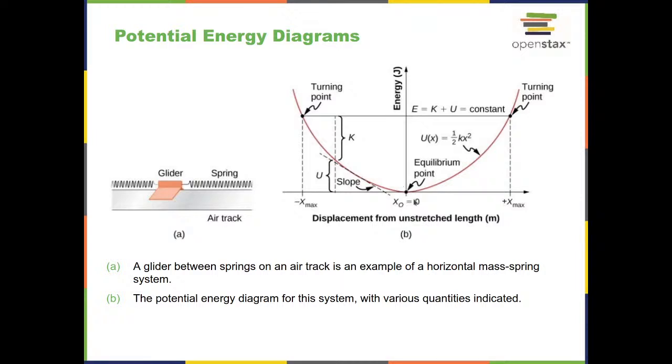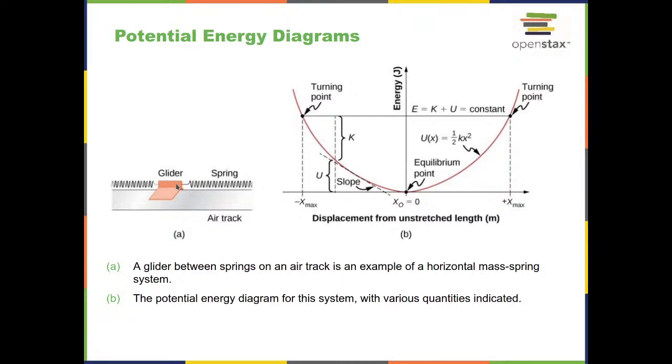The other point here is the equilibrium point. Because remember what we talked about, that the first derivative of the potential energy with respect to the position, or to the variable that it depends on, is going to be the force. So the slope of this curve is going to be the force that the glider in this case experiences.